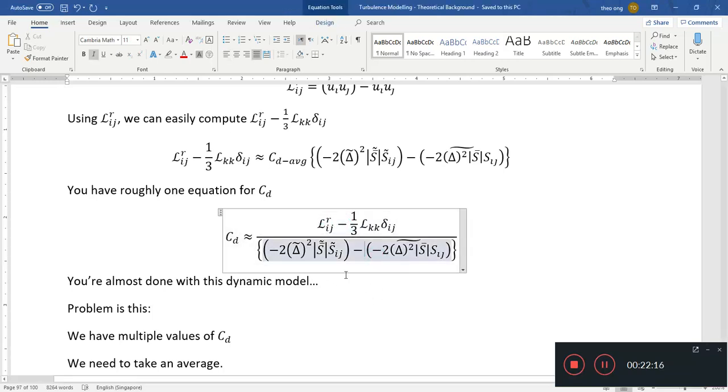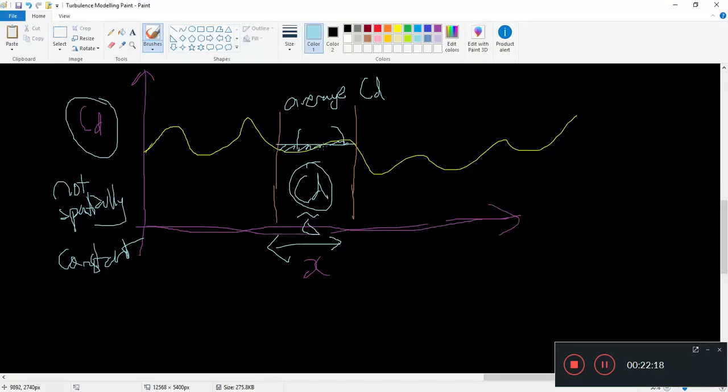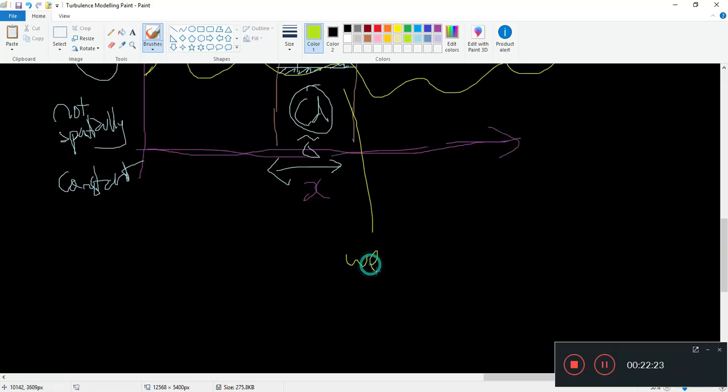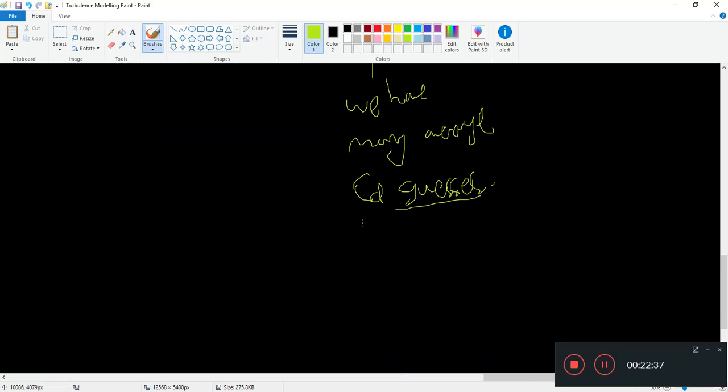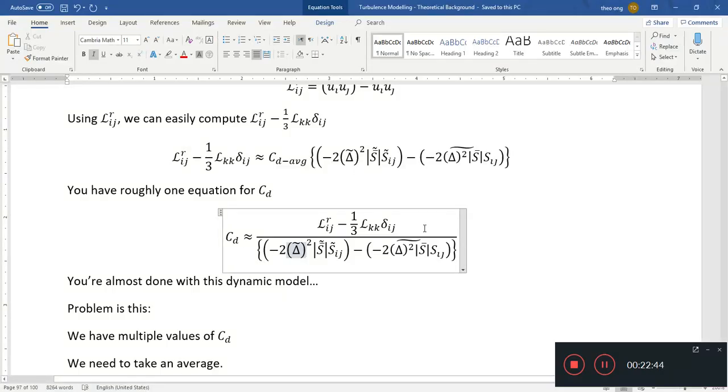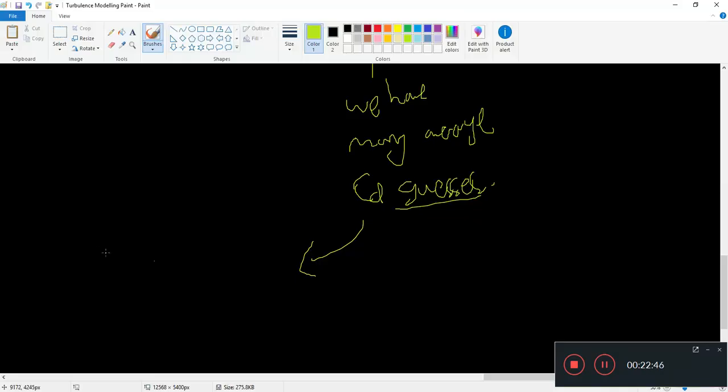Okay, so from here we have many average CD guesses, and that's done using the complicated formula that you see here. Okay, never mind.